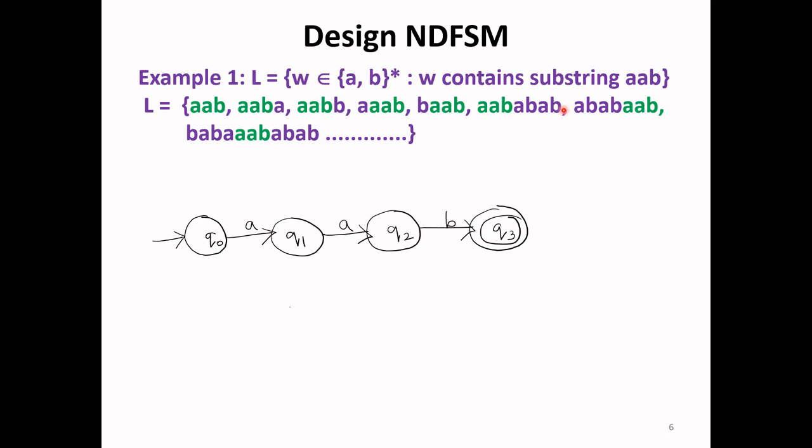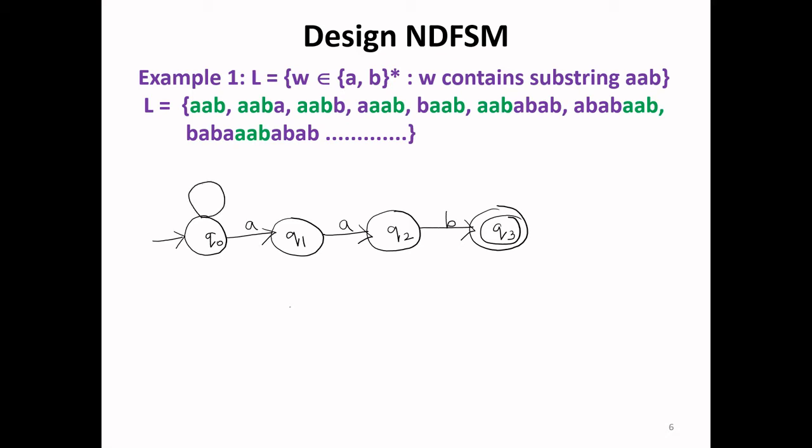Then, what is the condition? Before and after this string, I can have any possible number of A's and B's. So, how to design that? This is the compulsory transition AAB.